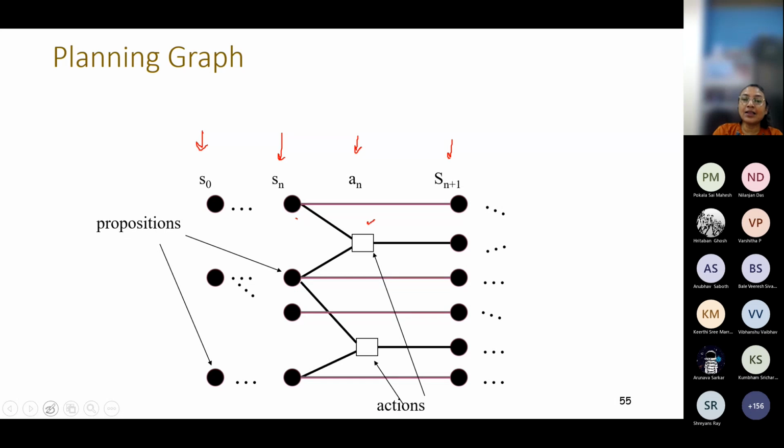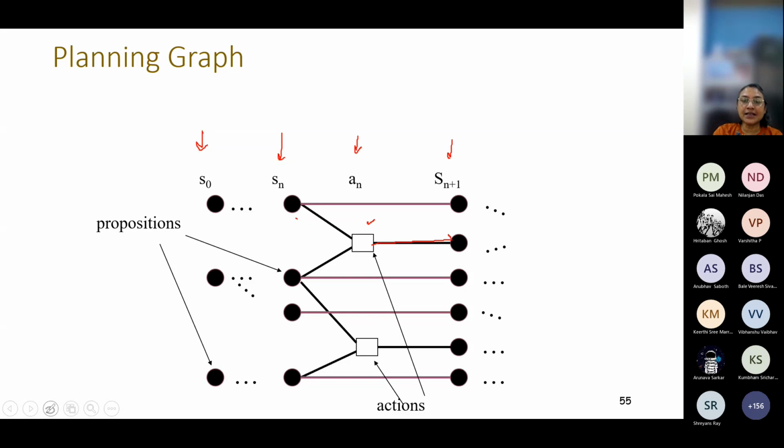Plus, in the layer An, we identify all the actions whose preconditions are there in Sn. And for each of those actions, we consider their add list. Those propositions are added to Sn plus 1 if they are not already there.